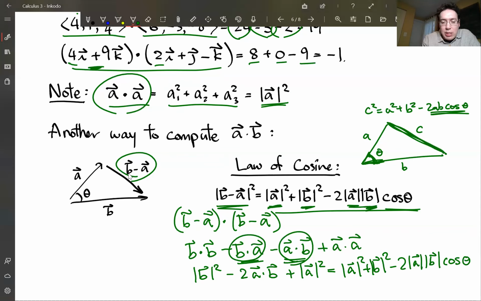Okay. Notice how the magnitude squared terms on both sides of the equation will cancel out. And the left-hand side and right-hand side have -2 in front, so maybe divide both sides by -2. And we get this new formula for the dot product.